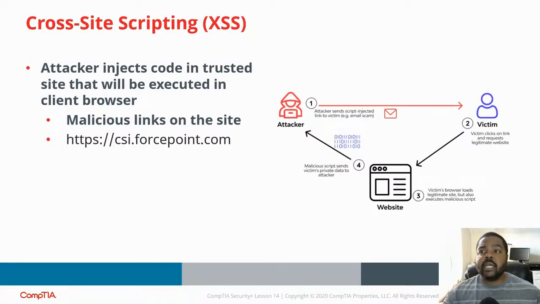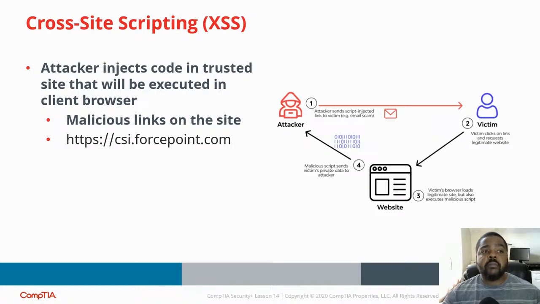We also want to watch out for cross-site scripting, and that's where a malicious hacker takes a script and embeds it on a legit website, and maybe the website owner doesn't know that that malicious script is on there, but it's there as a gateway to their malicious site, right? Or to gain some kind of access from your PC. So we want to make sure that we are aware of that.